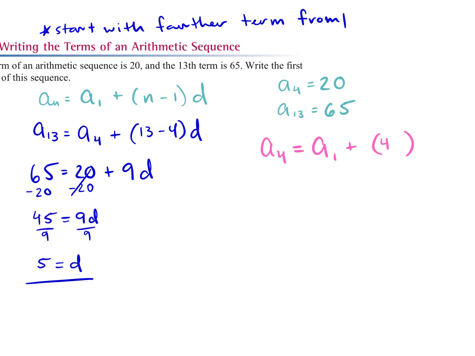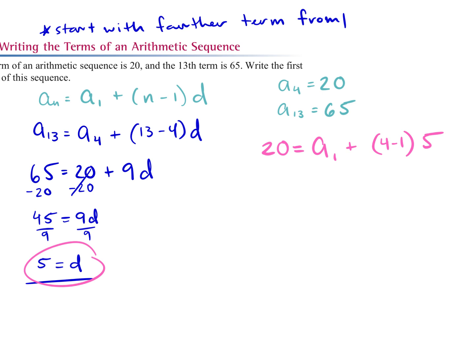Times D, and what do we say D is? 5. Awesome. And we know that A sub 4 is 20, so I'm going to plug 20 in here. Now we're solving for A sub 1, our first term.